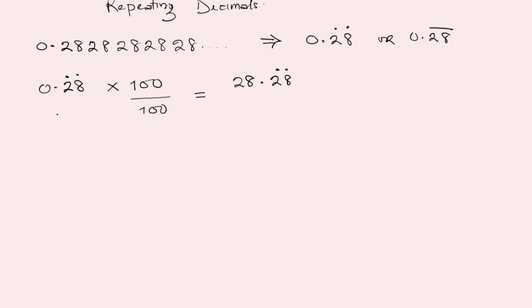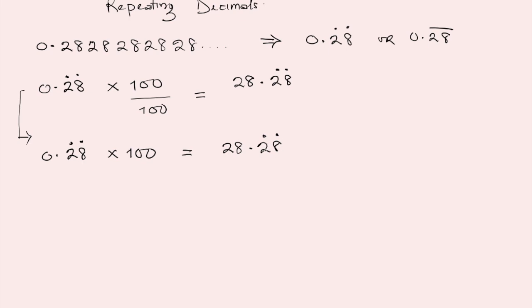So if we isolate the numerator part for an instance and forget the denominator, we have 0.28 repeating times 100 is equal to 28.28 repeating. Now what we're trying to do is convert this part to fractions. To do that, we have to eliminate the repeating part.